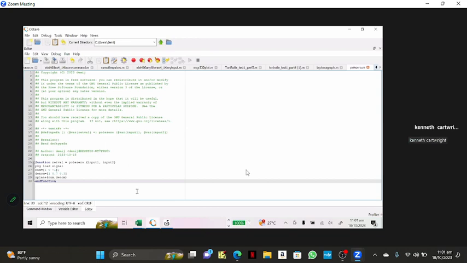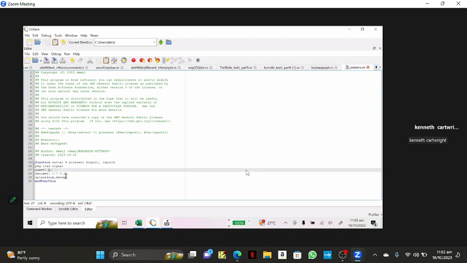So what's the numerator going to be? The numerator is 1, negative 0.2, isn't it?